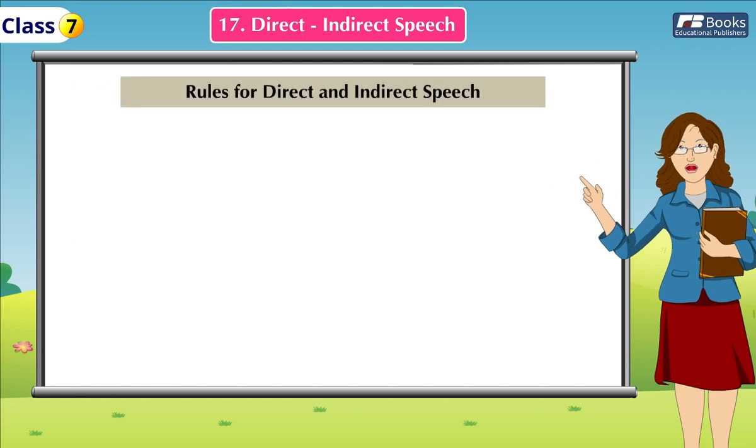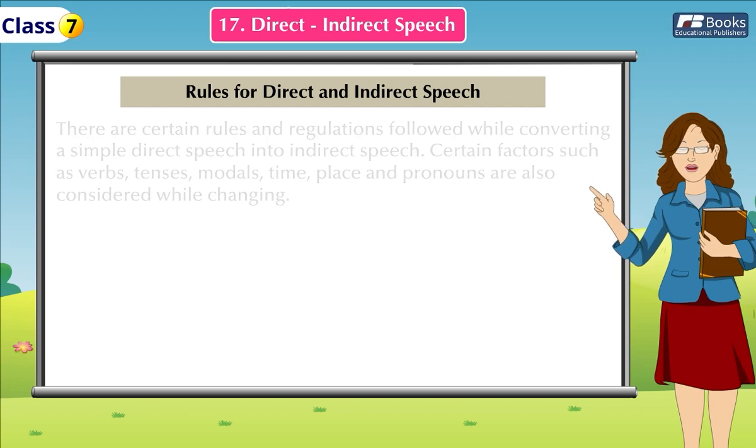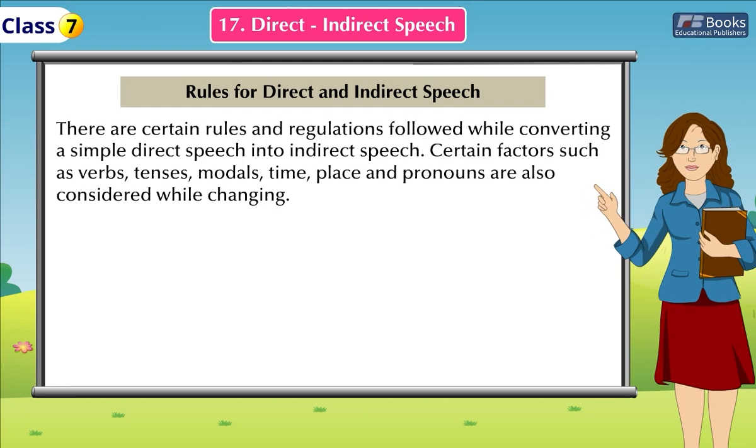Rules for direct and indirect speech. There are certain rules and regulations followed while converting a simple direct speech into indirect speech. Certain factors such as verbs, tenses, modals, time, place, and pronouns are also considered while changing.